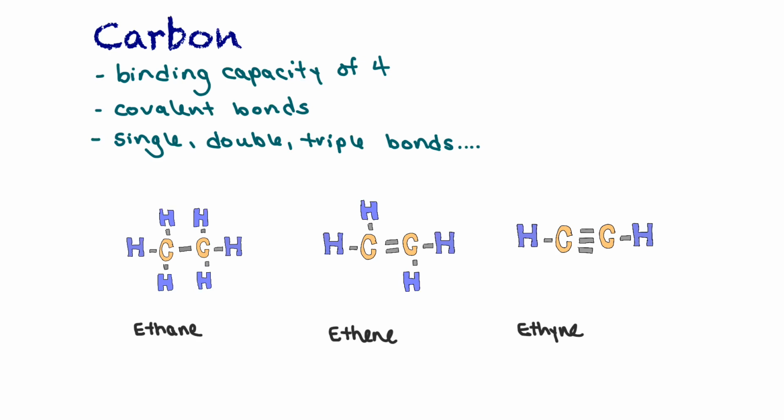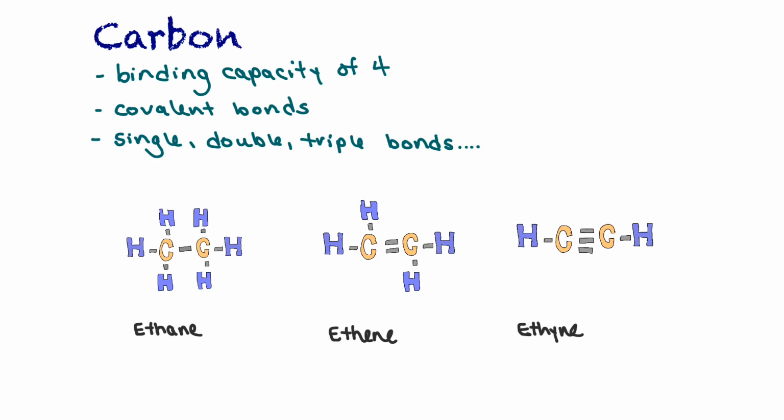And carbon's special because it can have a single, a double, or a triple bond. In the examples that we have here, the first one has all single bonds between the carbons, and this is ethane. So 2 carbons with a single bond, and the rest of the spaces are filled up with hydrogen atoms. Ethene, which is this one here, has a double bond between the carbon atoms, so now it can't bind with as many hydrogen atoms.